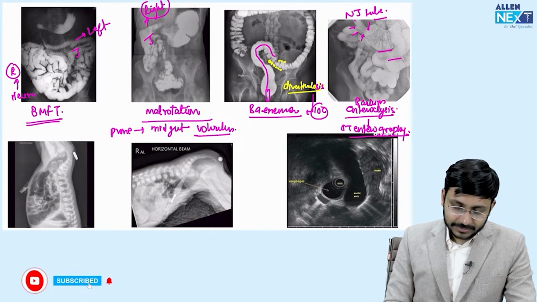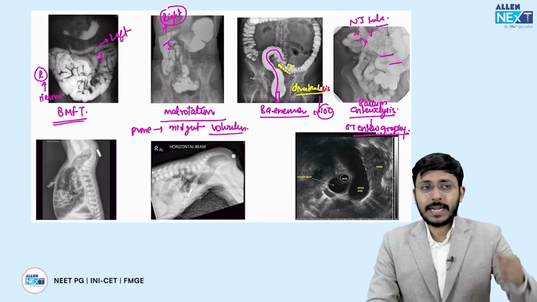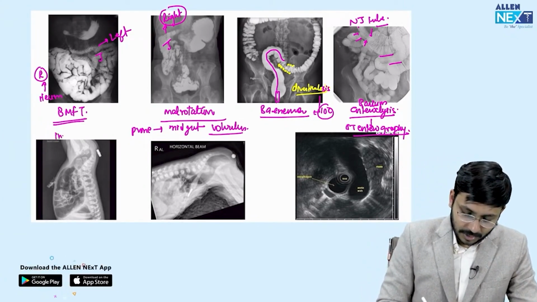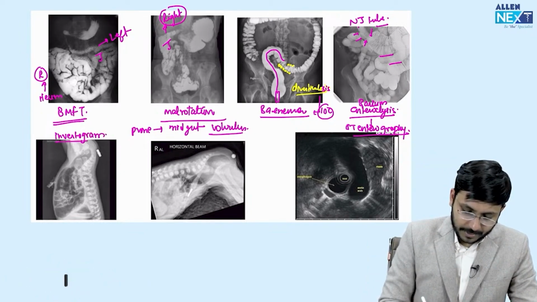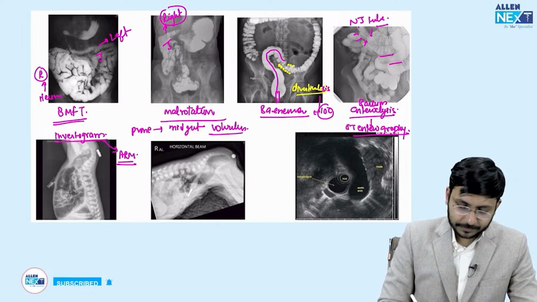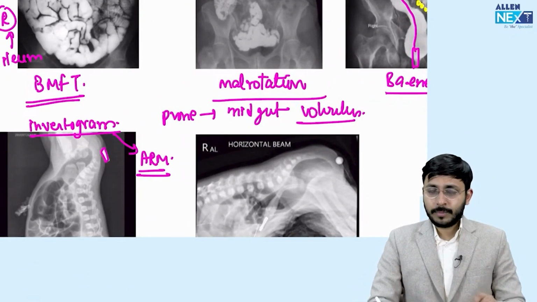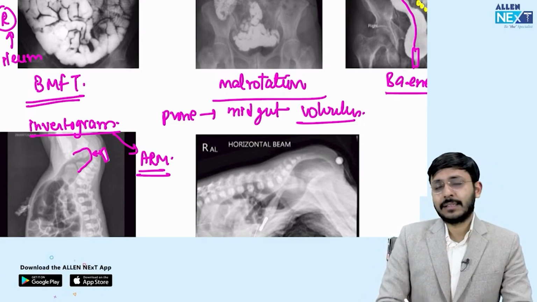Now, which is this? The fifth image that is shown, the X-ray. The child is lying upside down, so this is what we call an invertogram. This was used for diagnosis of anorectal malformation. We basically put a coin at the anal opening and measure the distance between the highest level of the rectal gas and the coin.